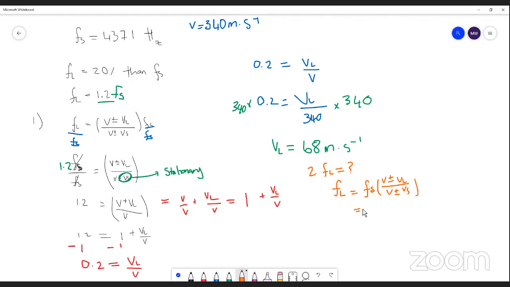Okay, so 340 minus 68, because you're not moving away from the source. So it's minus. And we are multiplying it by Fs.